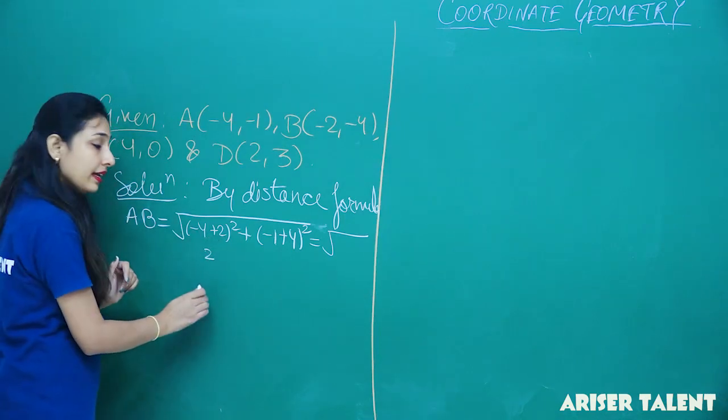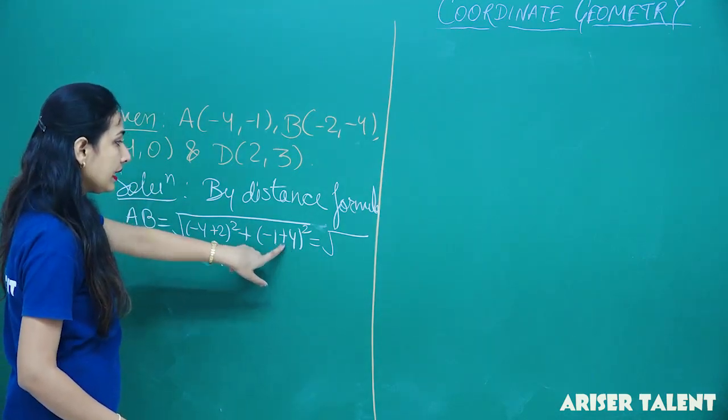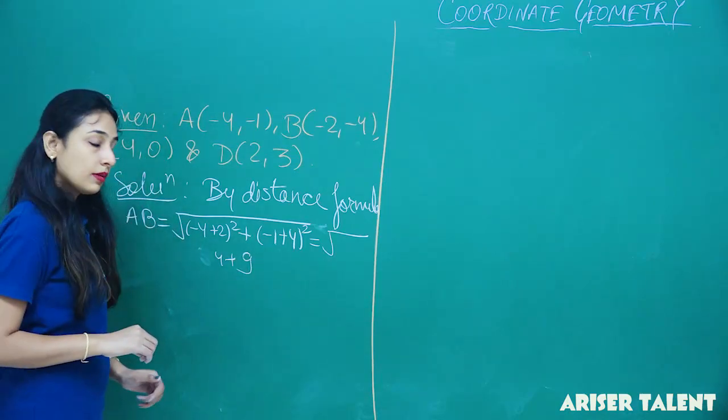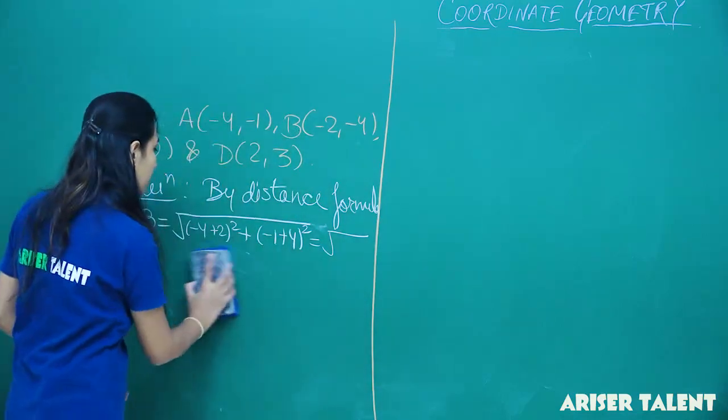So 2 square is 4, and 3 square is 9, that makes 13. Simply, root of 13.